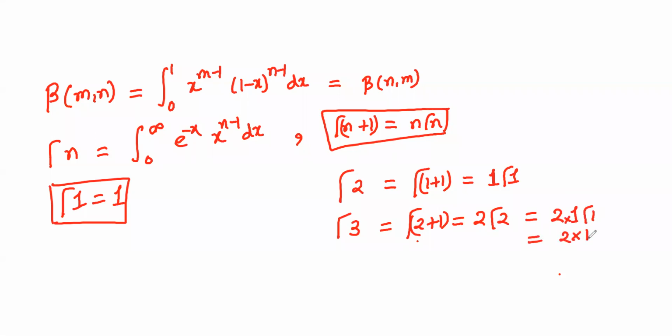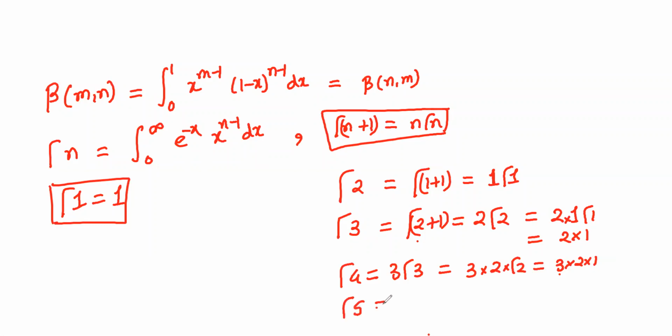Now like that find gamma 4. So can I write 3 gamma 3, that is 3 into 2 gamma 2, and gamma 2 is 1 gamma 1, so 3 into 2 into 1 will be gamma 4.